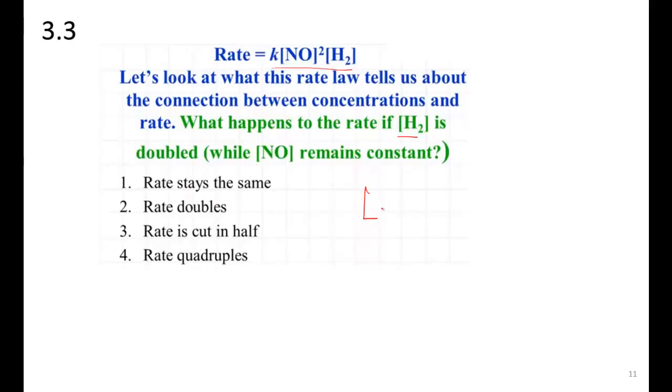Let's say I start with a concentration of 1 molar, squared, for the NO, and the H2 is 1 to start with, and then I double NO, and H2 stays constant. I've gone from 1 to 4, so I have quadrupled my rate. If I double what's in the brackets and then I square it, I'm quadrupling my rate.